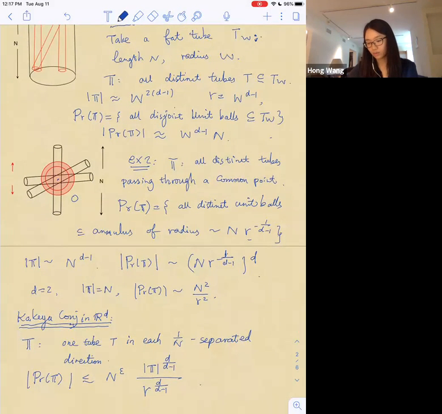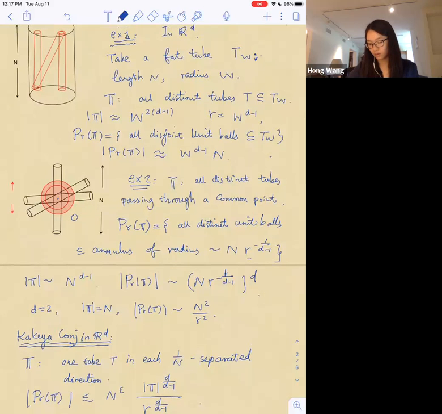In particular, example 2 is an example that falls into the condition of the Kakeya conjecture. When we take all distinct tubes passing through a common point, one can check that there is exactly one tube in each 1 over n separated direction. And this example will give an almost sharp example for this estimate.